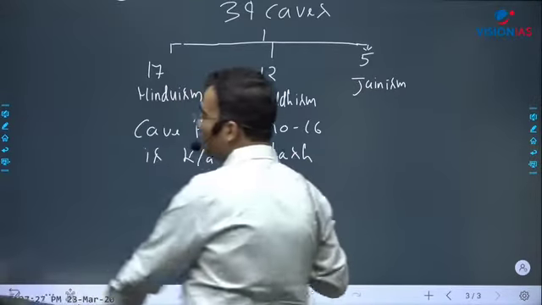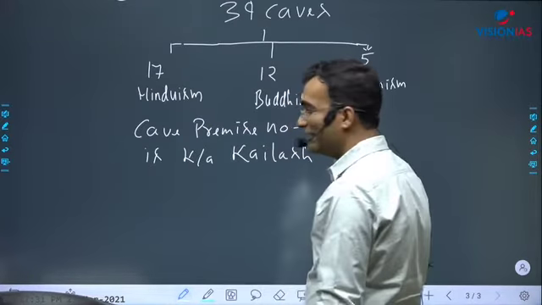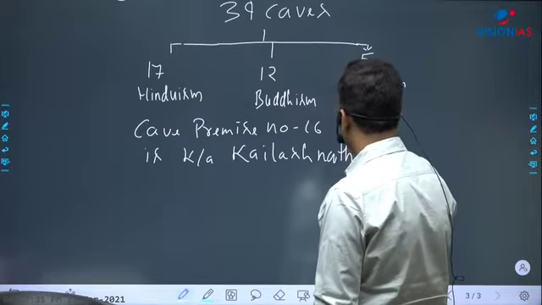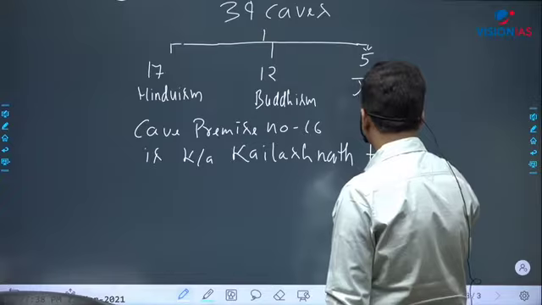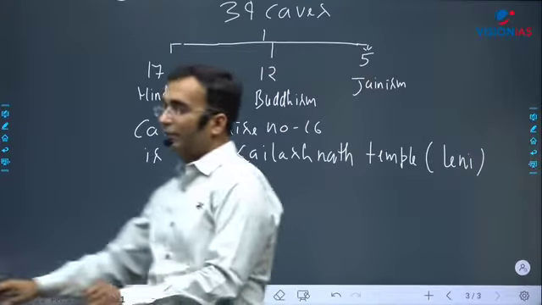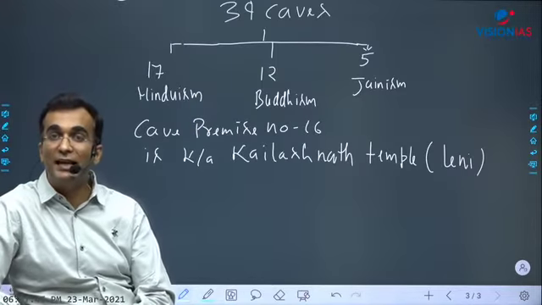Vaibhav, you can also say it in Marathi: it is called the Kailas Leni. So here I am writing Kailasnath temple, but in Marathi you call it Kailas Leni. Premise number 16 is the Kailasnath temple.